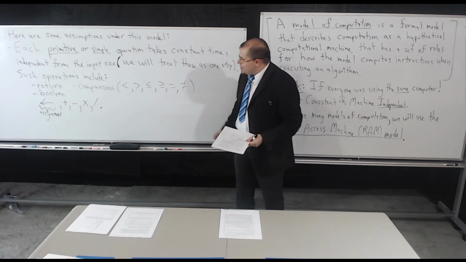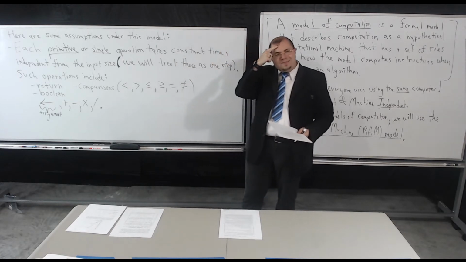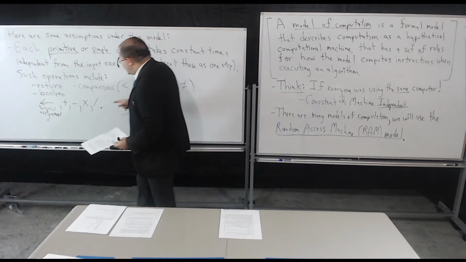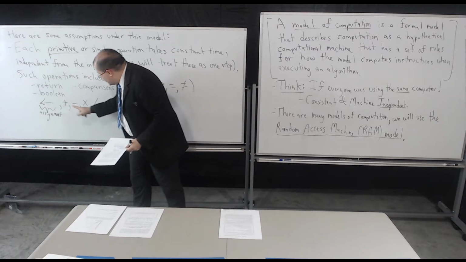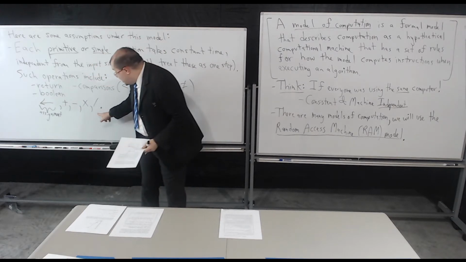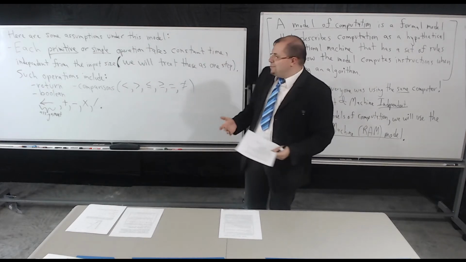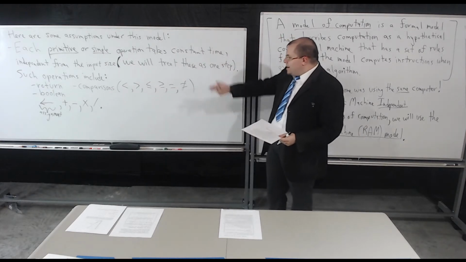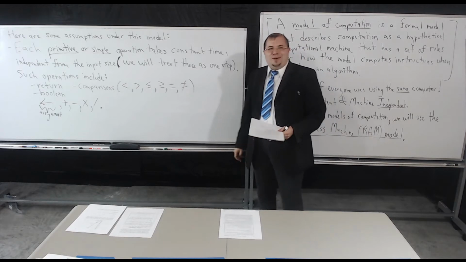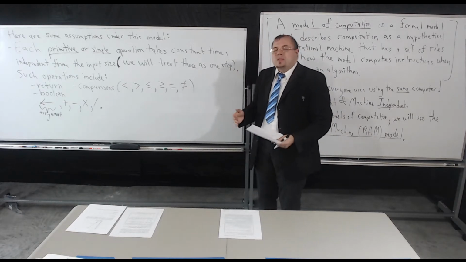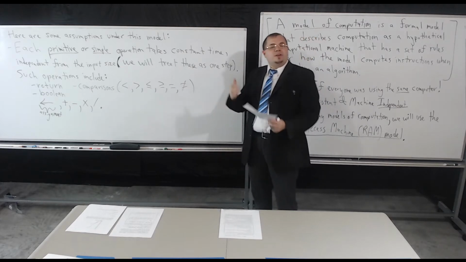Now, if you're a little more inclined toward systems, you might ask, okay, you've assumed that addition, multiplication, and even division all take constant time. How exactly does that work? Because multiplication is like a generalization of addition. This is just an assumption I'm making with my model.